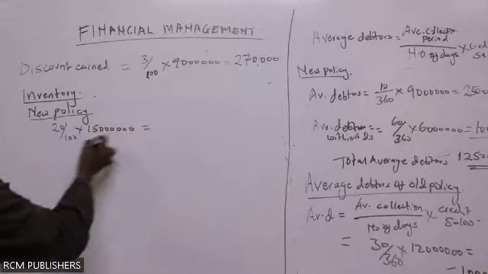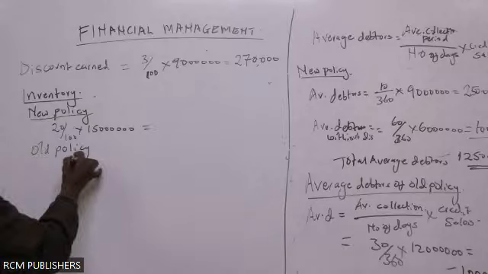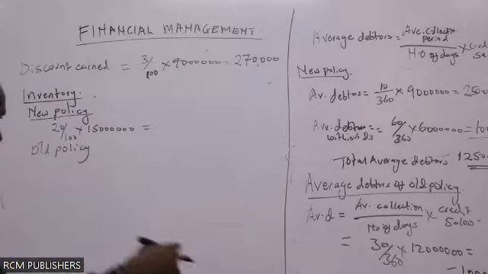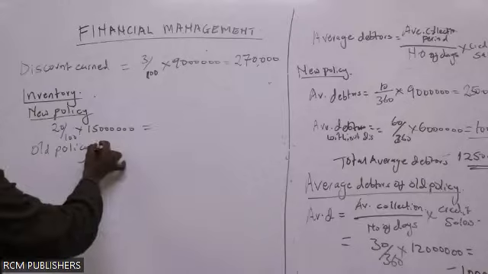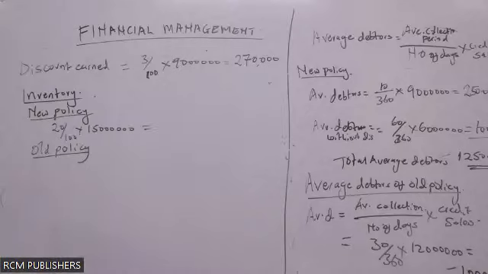And then for the old policy, tukishafanya working, you can draw the other old policy. Is it 20% ama 40%?